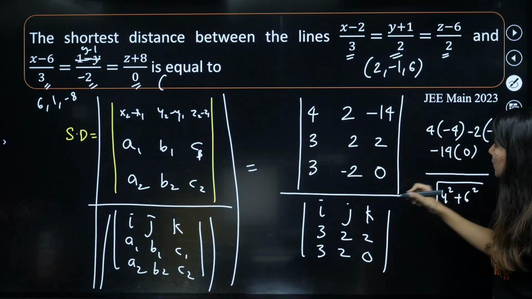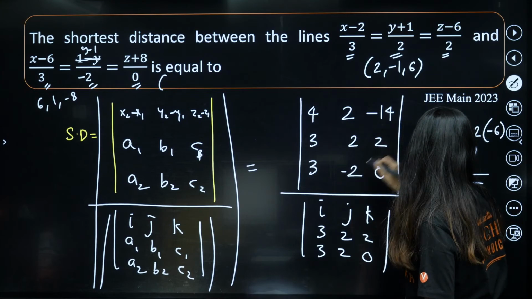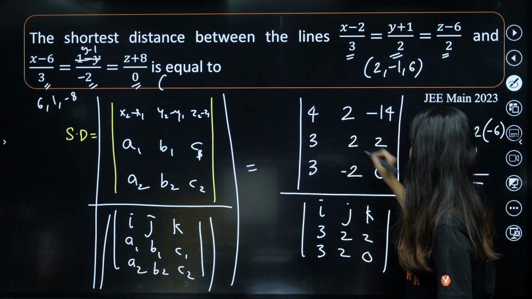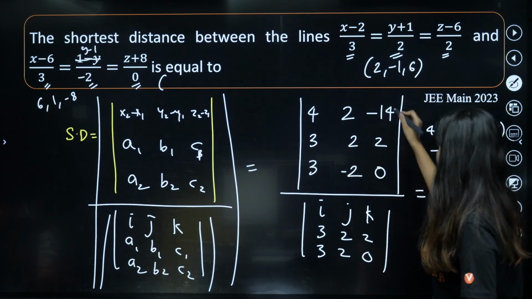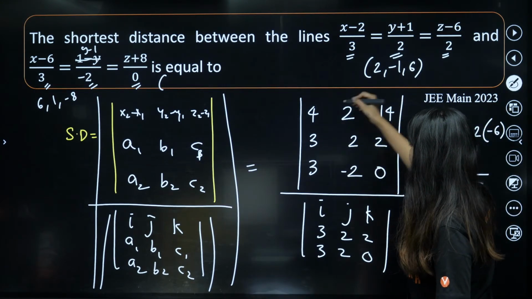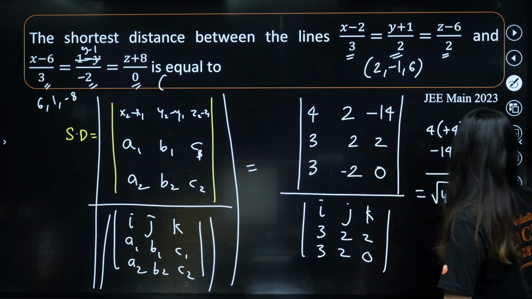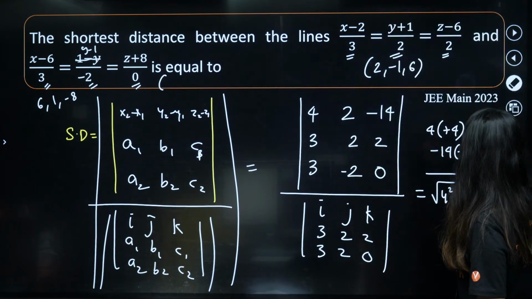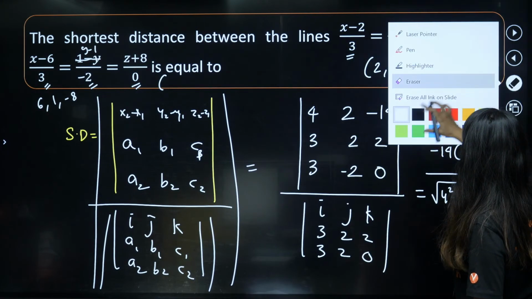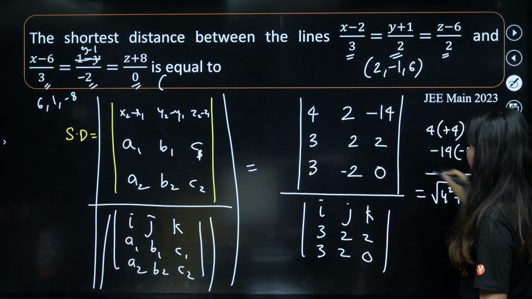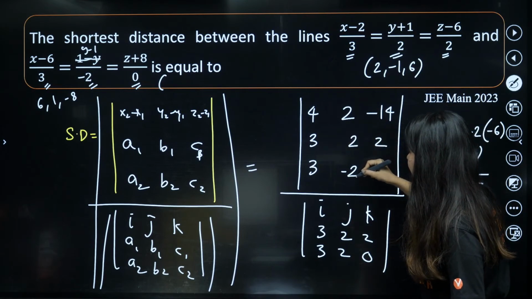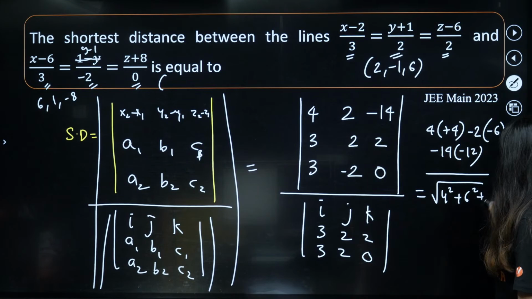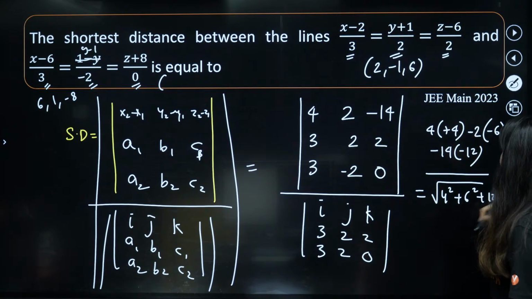One more time we will do it, this and this, so plus 4 is there, right? This 3 zeros, and the last one would be what? Minus 6, minus 6. So minus 12, right? So minus 12, 6 square, 4 square, and then 12 square. This would be your answer, right?